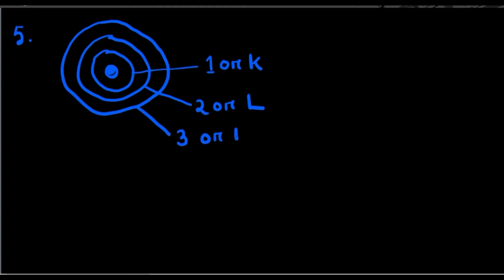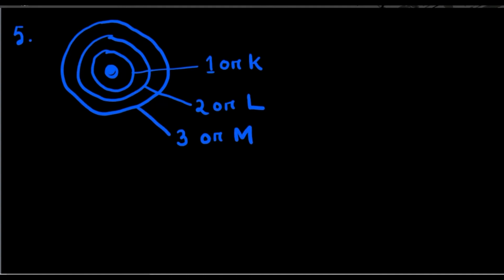Either we can write 1, 2, 3, 4 or K, L, M, N shells. So this first orbit, that is the innermost orbit, can be represented as 1 or K. The second orbit can be represented as 2 or L. The third orbit can be represented as 3 or M, and so on.